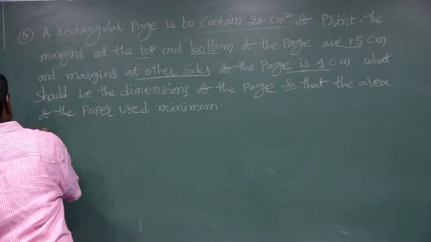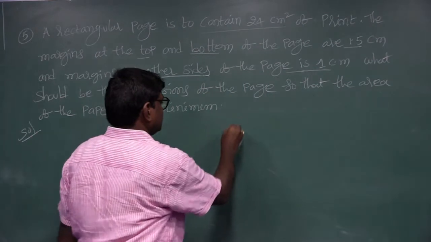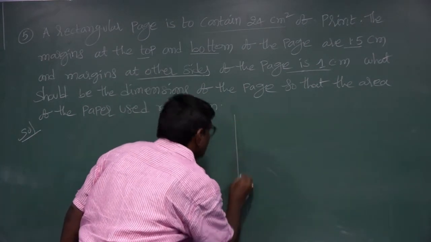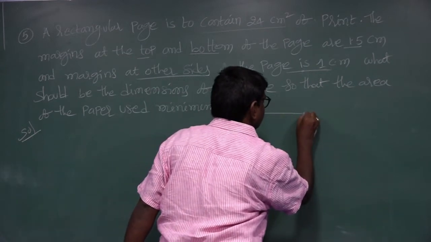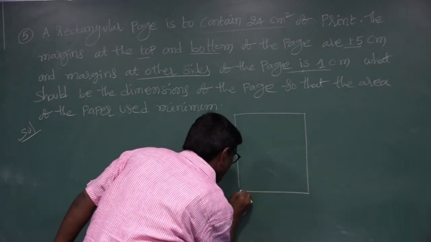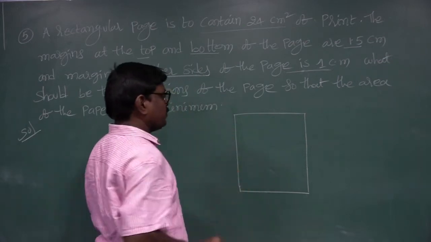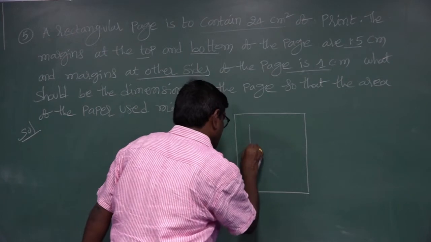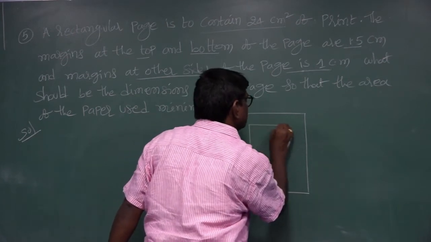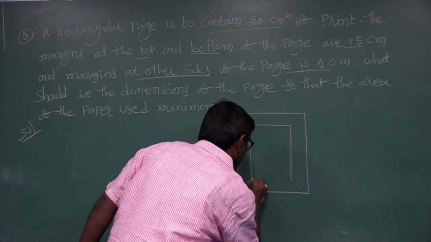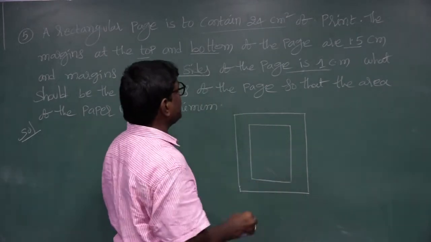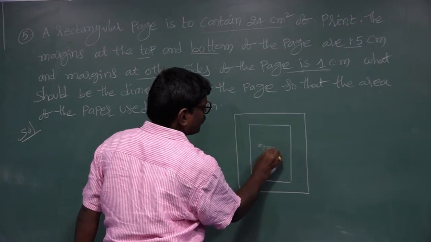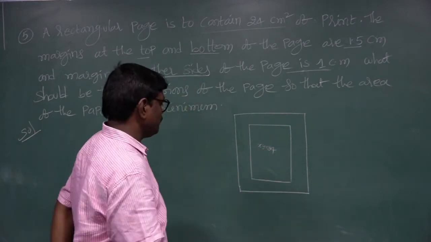Solution: this is a rectangular page, and this is the print area. The print area xy equals 24.